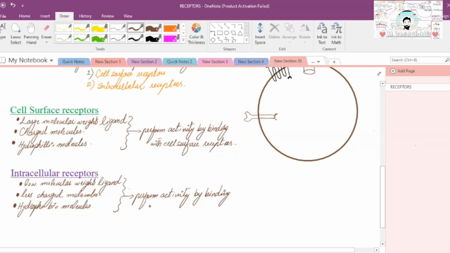Intracellular receptor means a receptor inside of the cytoplasm or nucleus, both, right? By binding with intracellular receptors.